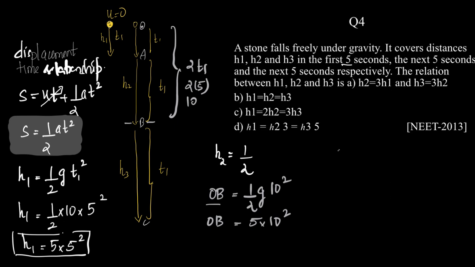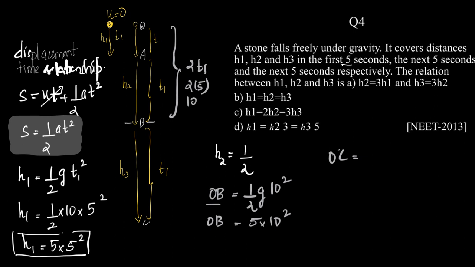Similarly, what is OC? OC is the distance traveled by the object when it was in the air for t1 plus t1 plus t1 seconds. I'm sorry, I think I said t1 square earlier, so I'll correct it.